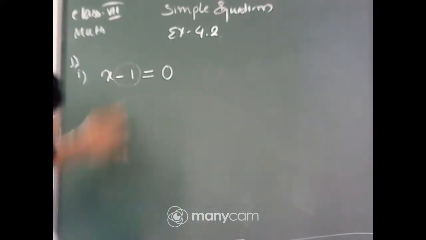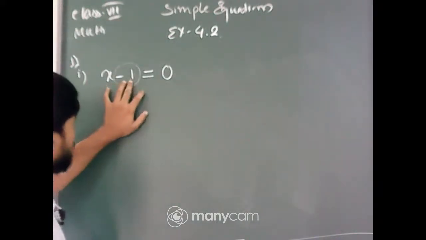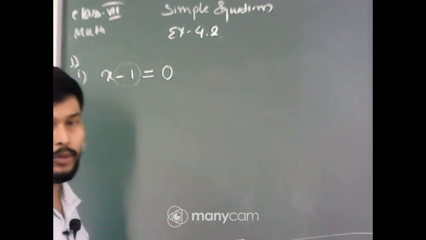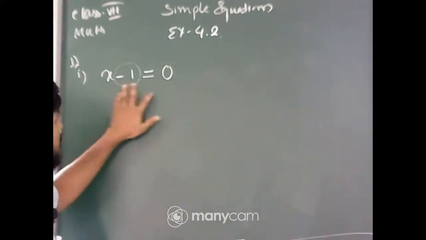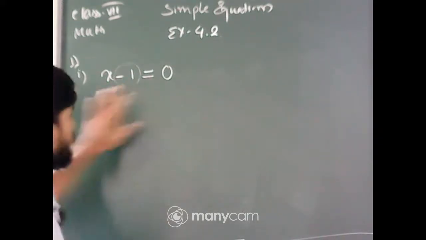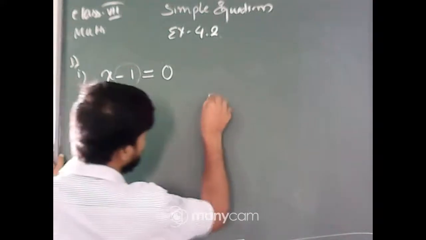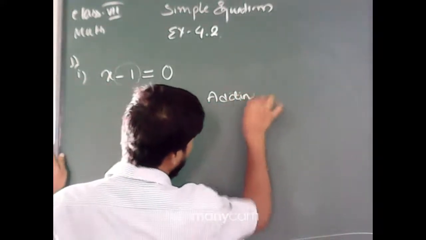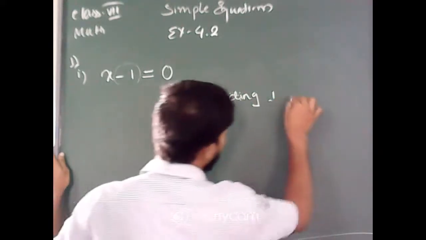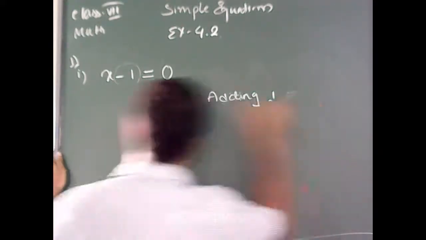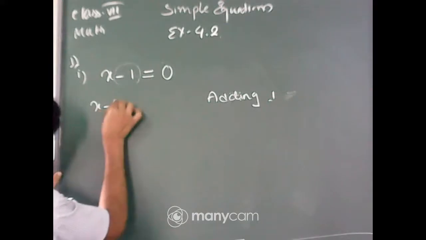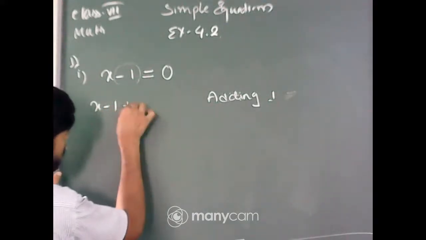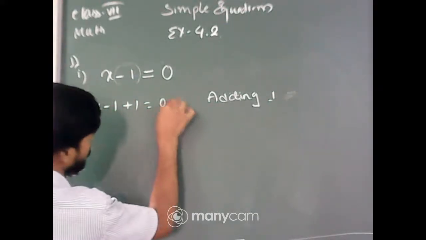So now we have to remove this minus 1 from the left hand side. So what do we have to do? We just have to add plus 1 to both sides. So the left hand side will be x minus 1 plus 1 is equal to 0 plus 1.